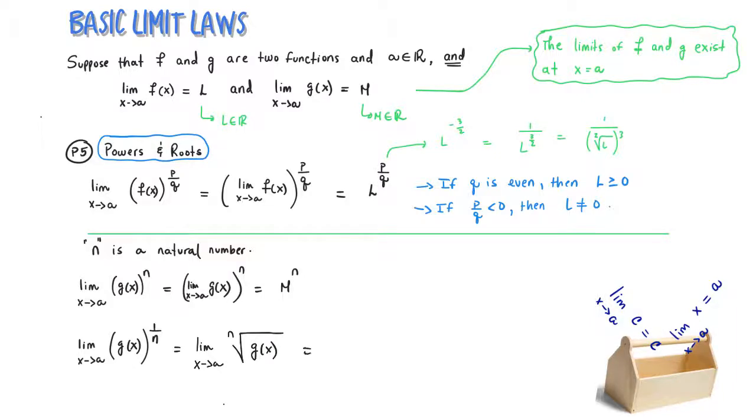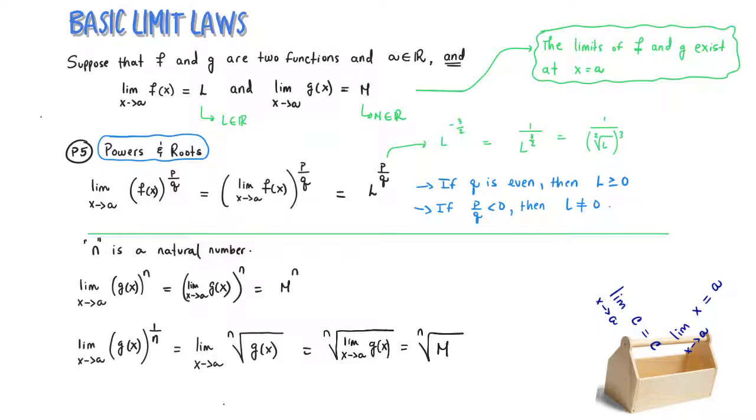And according to this property, if we have the nth root of a function, the limit can apply to the function that is inside of the radical. So this will be equal to the nth root of the limit as x approaches a of g of x. And we know that the inner limit exists. That limit is equal to m. So the final value of the limit will be the nth root of m.